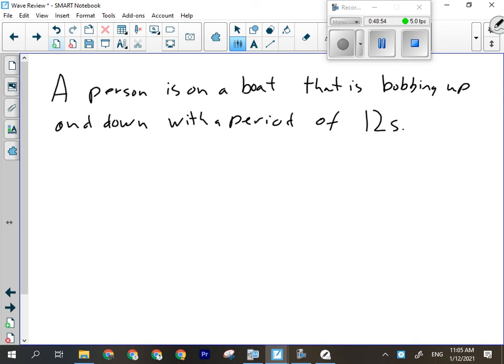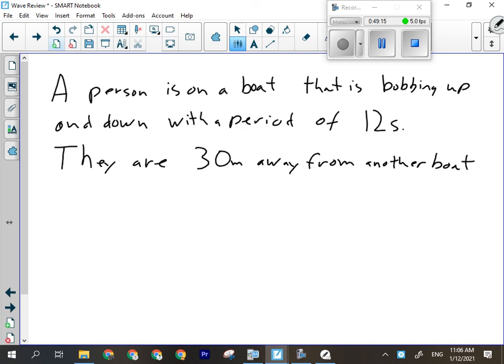Seconds. 30 meters away from another boat.